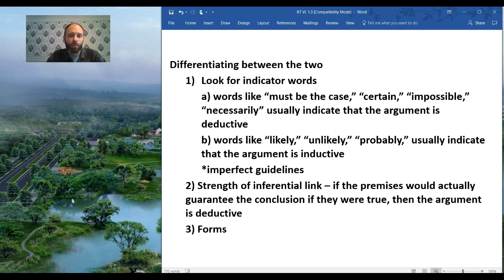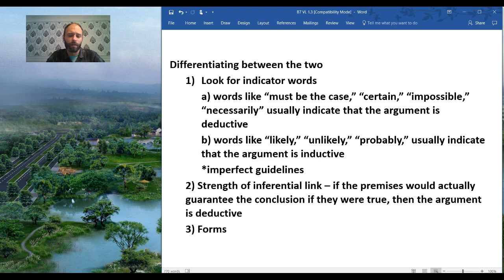Any of those terms would give us a hint that the argument we're looking at is probably deductive. On the other hand, if we see words dealing with probability, words like "it's likely that the following is true," or "makes it unlikely that the following is the case," or "it is probably the case," those words would usually indicate that the argument we're looking at is inductive.